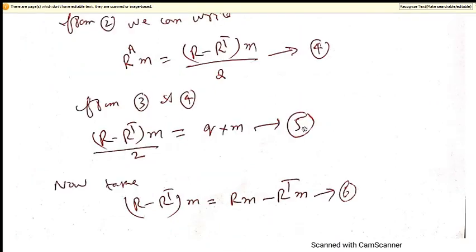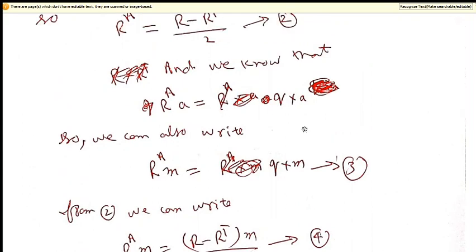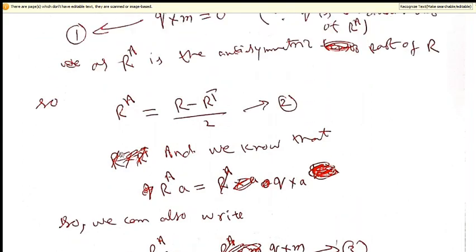This is giving you the antisymmetric part of R. And we also know that RA for every A equals Q cross A. Why? Because we are saying that Q is the dual vector of RA. So we can write this equation.